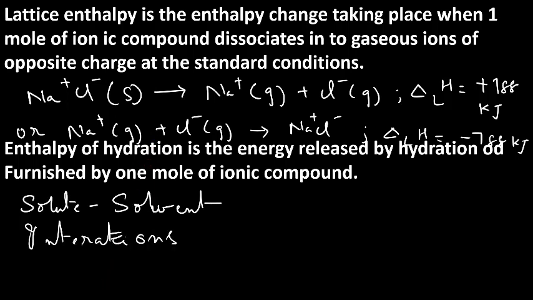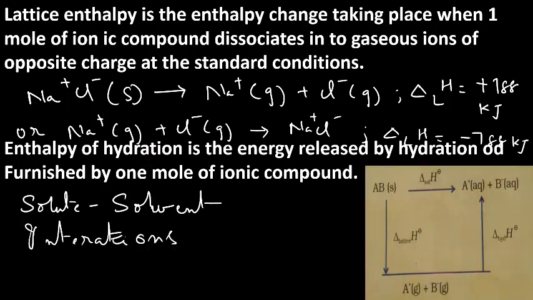Now, the relation between enthalpy of solution, lattice enthalpy, and enthalpy of hydration can be shown in this manner. So this AB solid changes to its constituent ions, A+ and B-. Here the energy required is referred to as enthalpy of solution. AB solid dissociates into its constituent ions in gaseous state.